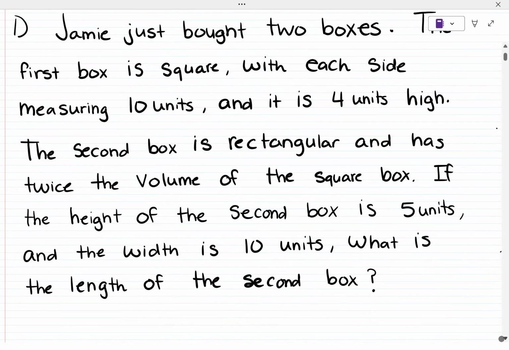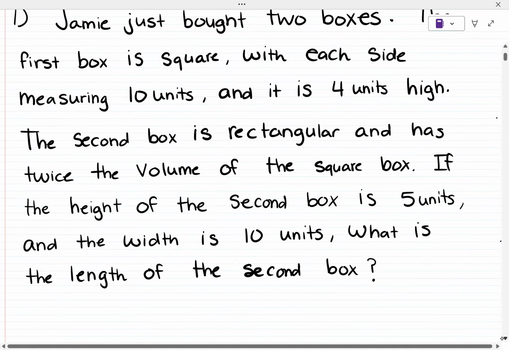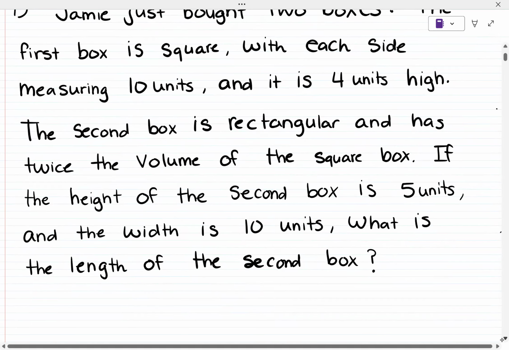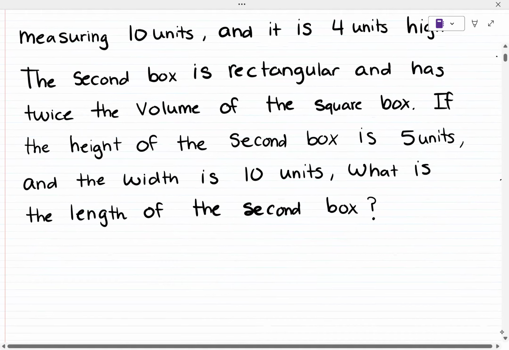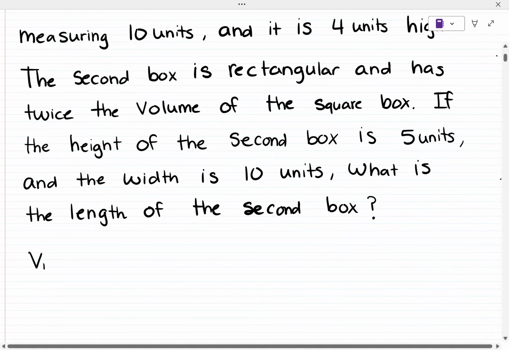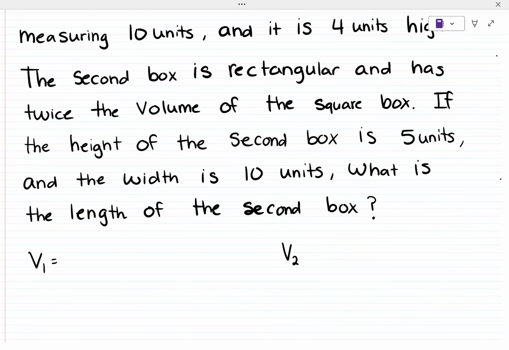Okay, so what I would do in this problem is we're dealing with volume. So we have two different boxes and we are dealing with two different volumes. So let's call them volume one and volume two, right? Two different boxes, two different volumes. So what is the formula of a volume?